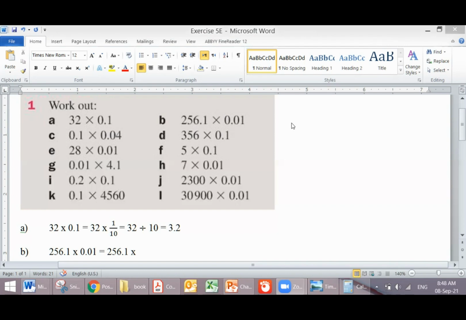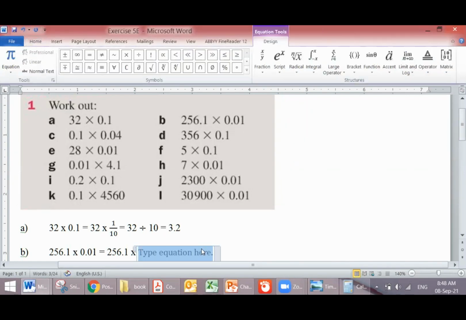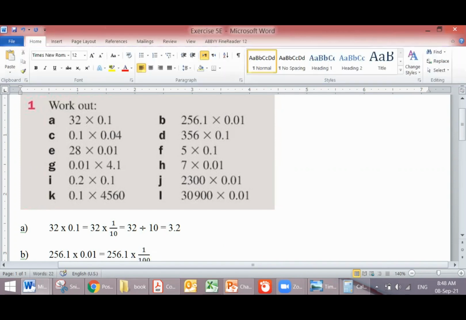And Umar Swan, yes, very good, correct answer. So I will write here 0.01 in the form of fraction as 1 over 100. And that will be equal to 256.1 divided by 100.